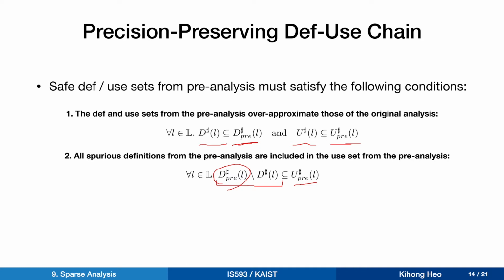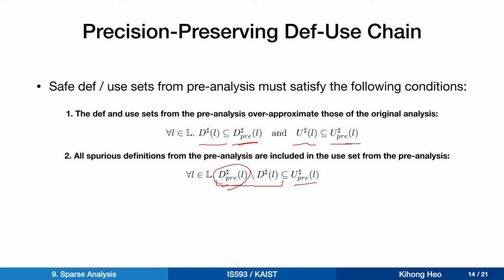Because of the approximation of the pre-analysis, it contains some spurious definitions. That is what I mean by spurious. This condition says that in this case, these spurious definitions must be included by the approximated use set. We will see what this means later.